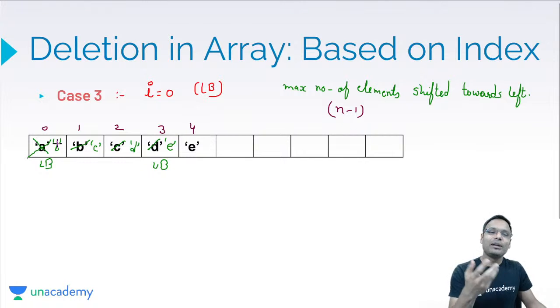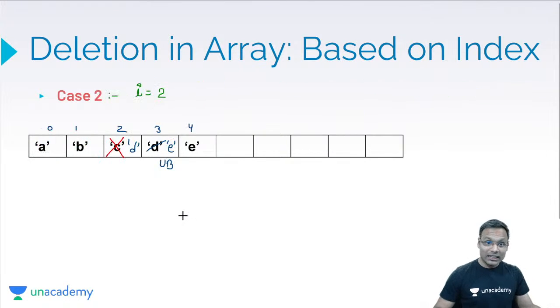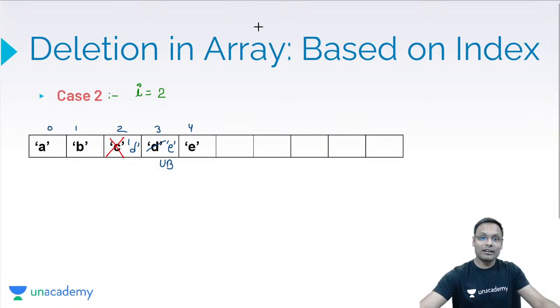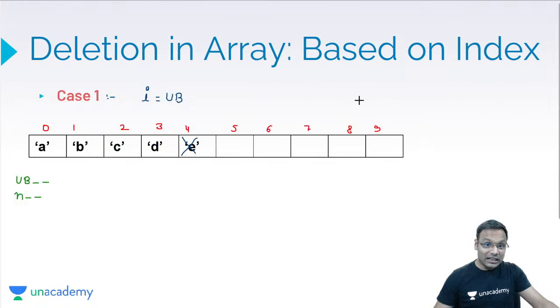Why? Where will you shift the first element? It is deleted. So the maximum number of elements shifted towards left is n minus 1. Here some number of elements shifted towards left. And here, is any element shifted?